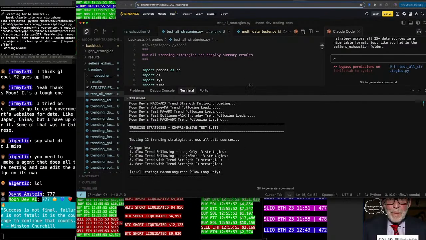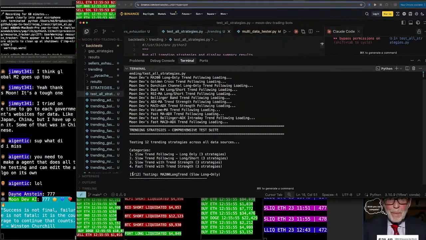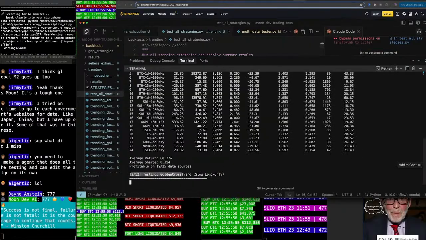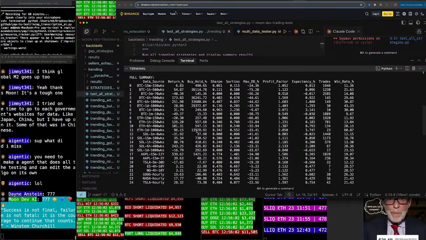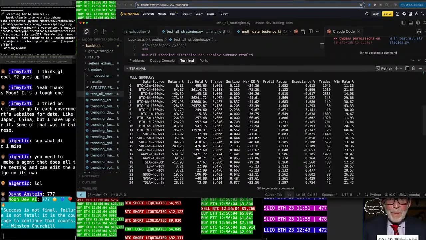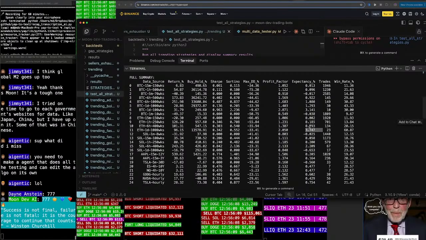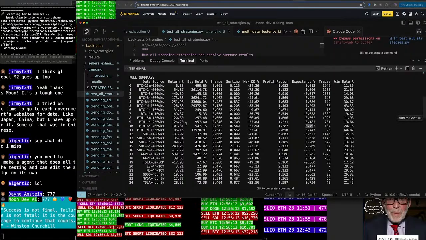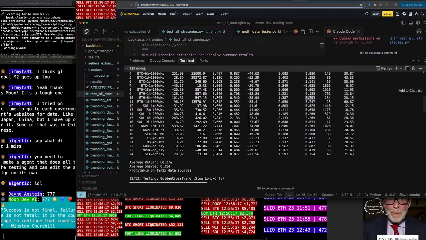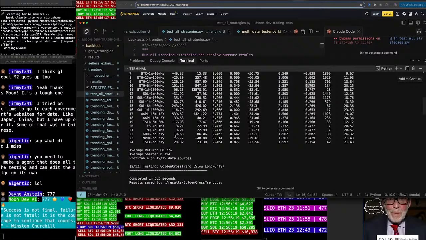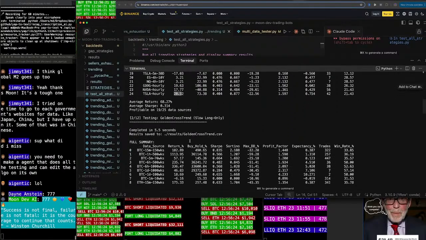So it's testing all of the data sources here on strategy 1. Okay, so this is strategy 1 here. Oh my God, dude. Expectancy. Oh, 3.7 expectancy on this strategy. That's pretty good. 0.79. That's good as well. I got Apple data, I got ES data, I got NQ data. 28.32.